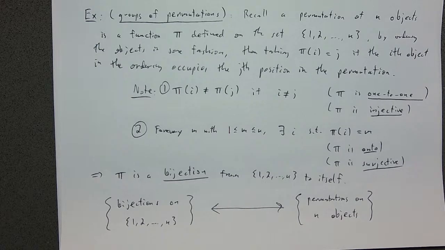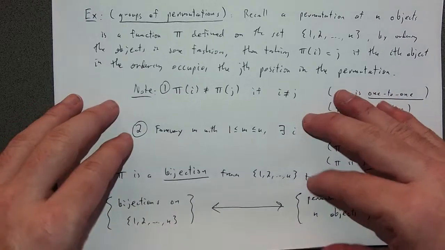Constructing a bijection between sets is a way of counting sets in the sense that a bijection between two sets in some sense says that those sets have the same count. They have the same cardinality. Okay.